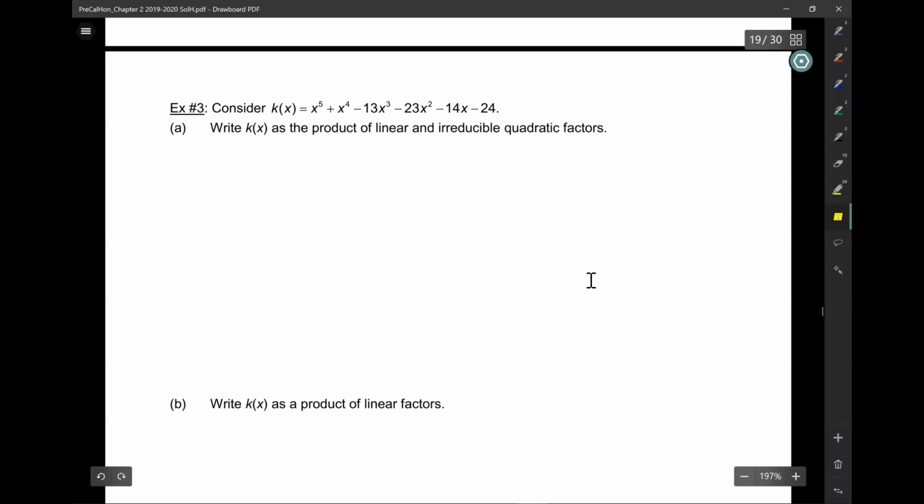It says write as a product of linear and irreducible quadratic factors. Okay. Which means first we need to factor. Okay. All right. No calculator. It's x to the 5 plus x to the 4. This is one crazy looking function, right?